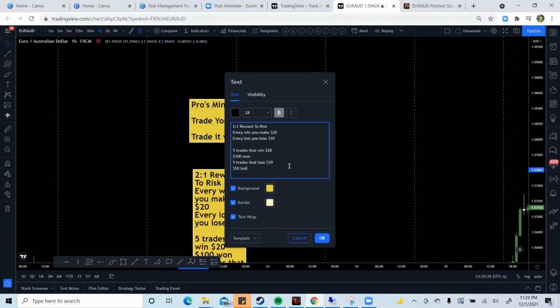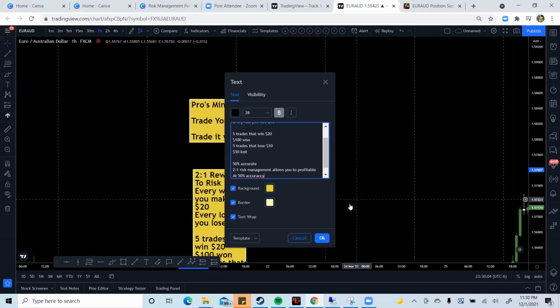So you are 50% accurate as a trader. But the 2-to-1 risk management allows you to be profitable at 50% accuracy.